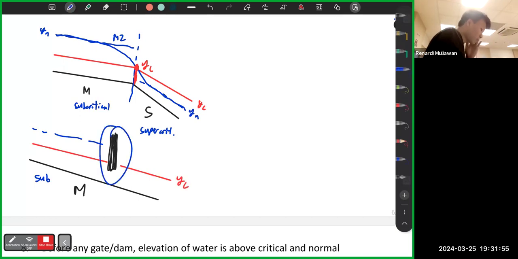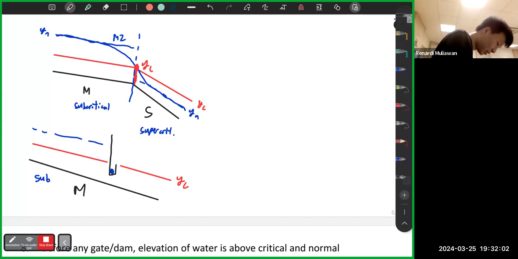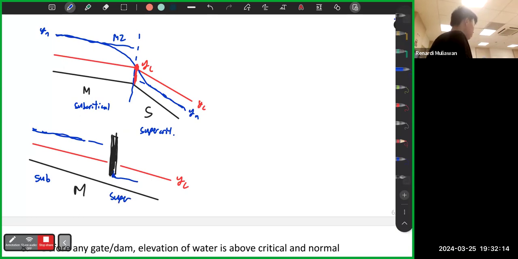The sluice gate forces the water to go down below the YC. So even though it starts here, it is forced down here, so it goes out as a supercritical flow just in this part. So it started as subcritical, but because of this gate, the water is forced down into a supercritical flow because the opening is below YC.